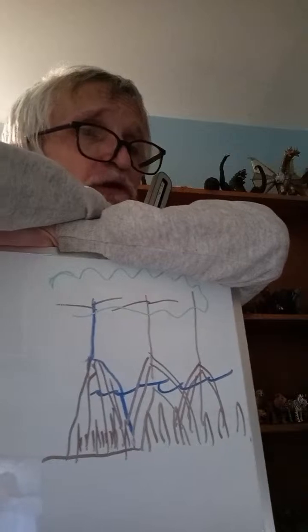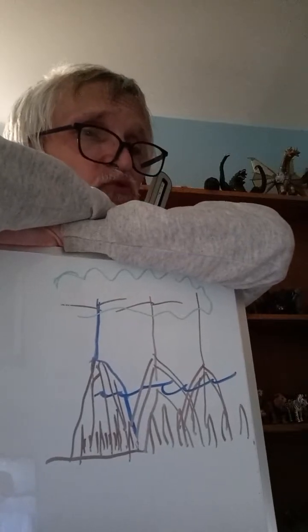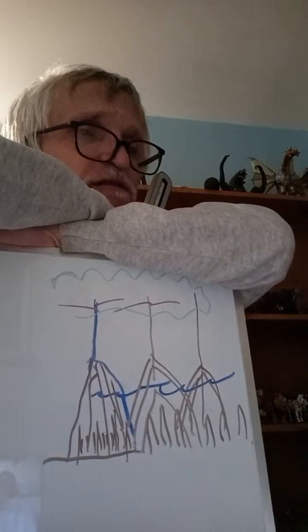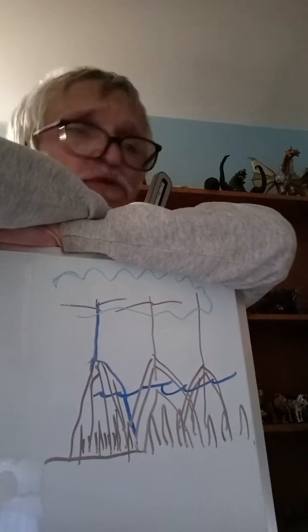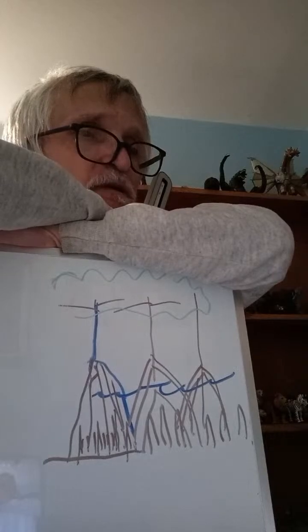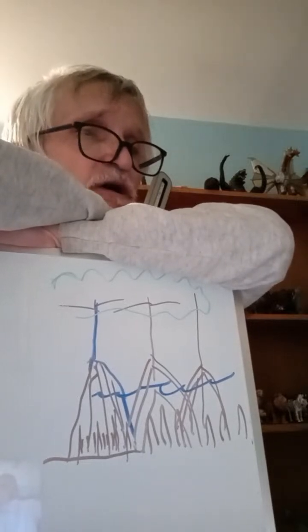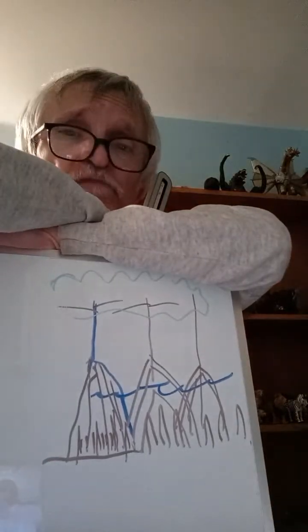Also in Asia, there are bats who make it a point of flying 31 miles just to drink the nectar from these mangroves. And by the way, while they're drinking the mangrove nectar, they are also pollinating the flowers.